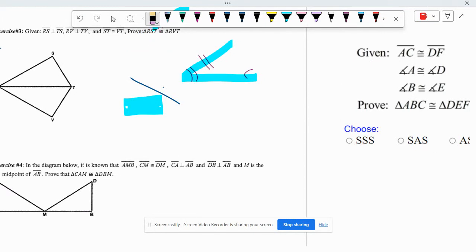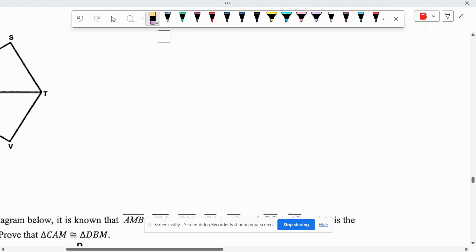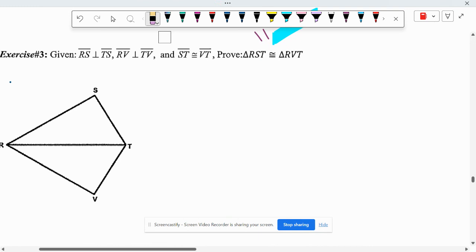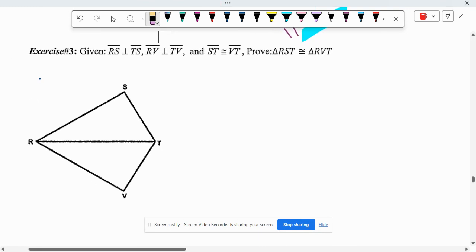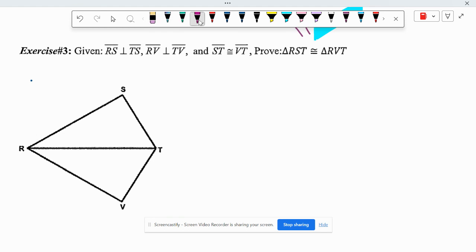So all of the proofs that we do today are going to be two-column proofs. That's kind of the standard form to do proofs. Your proof is always going to have a statement, and a reason.